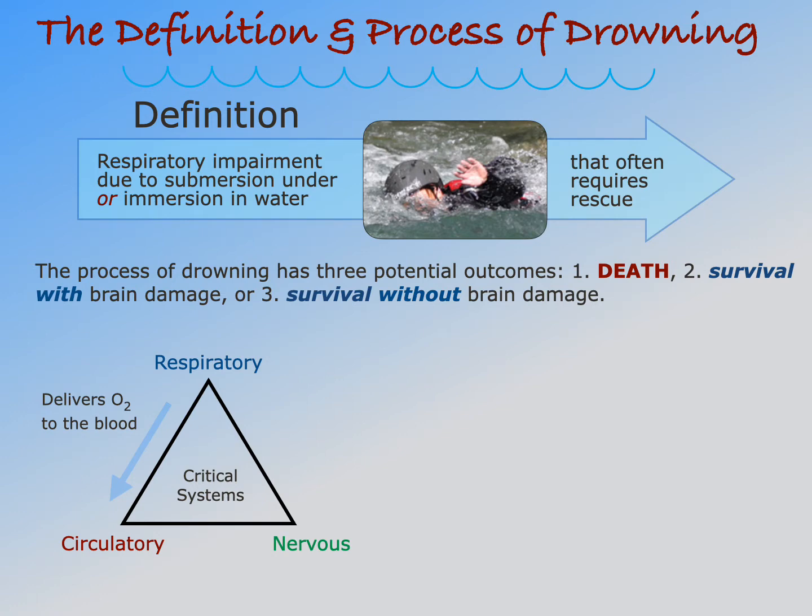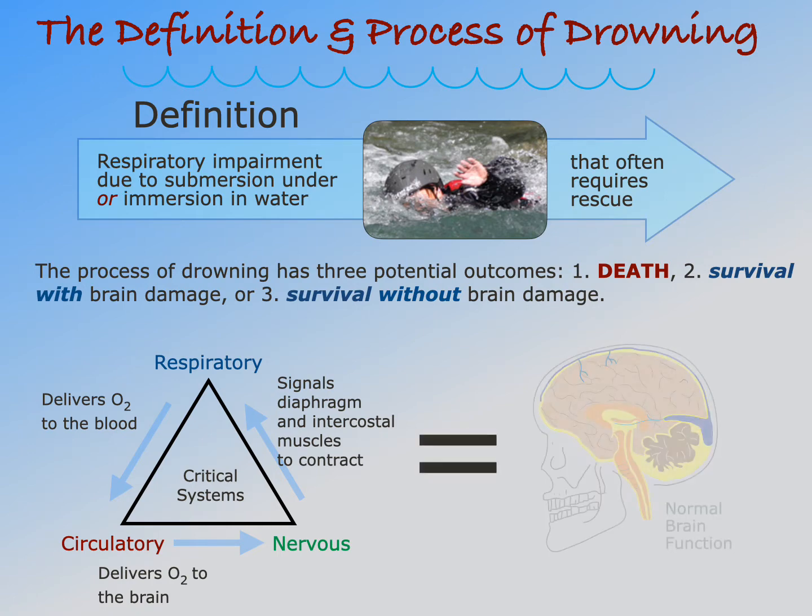The heart then circulates the blood and the oxygen to the brain and the rest of the body. As the body cells metabolize the oxygen, carbon dioxide levels inside the blood begin to rise until they reach a threshold, and the brain then signals the diaphragm and intercostal muscles to contract and start the breathing cycle again. As long as this continues, the brain functions normally.